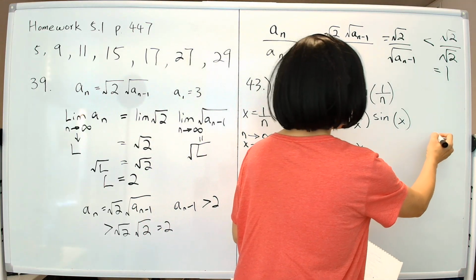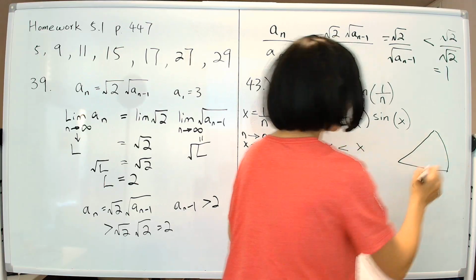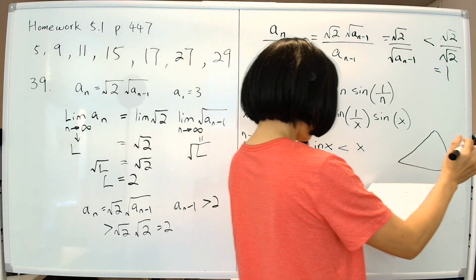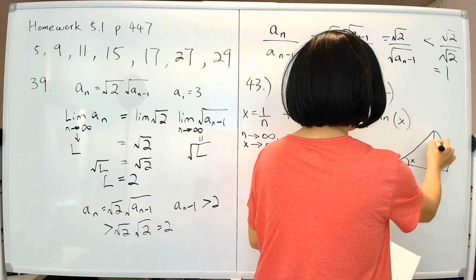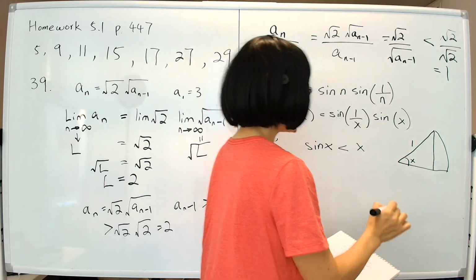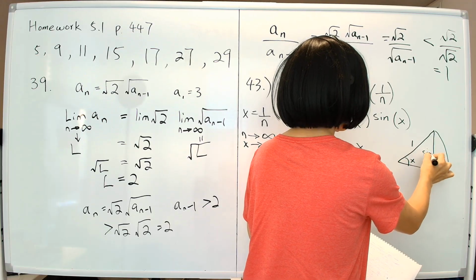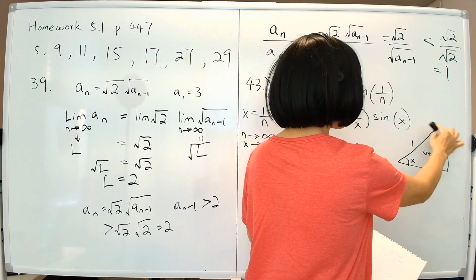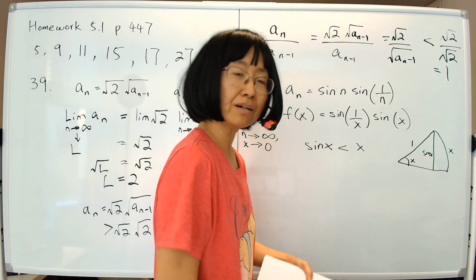But the idea is that you draw a unit circle, a slice of the unit circle, and this is your x. Being that this is 1, this length here is sine of x, whereas the length of this arc is x. That is the definition of the radian.